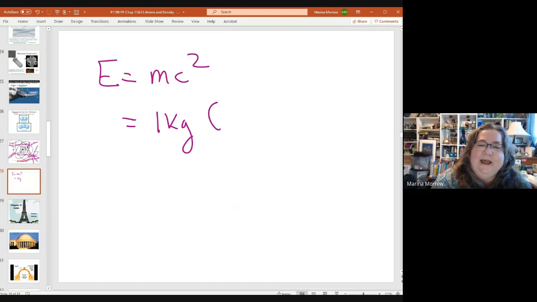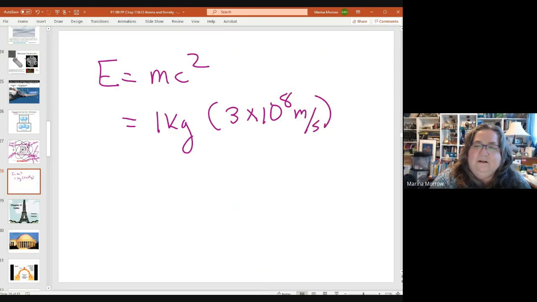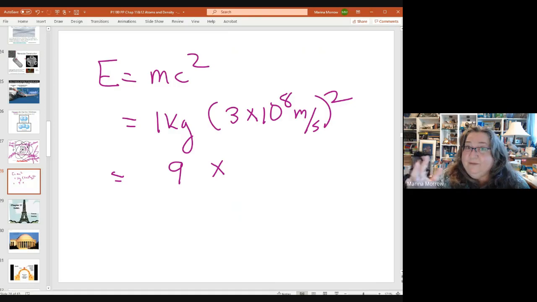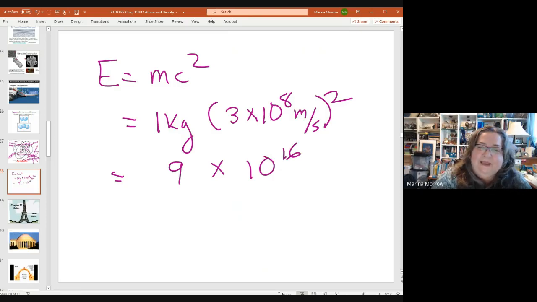Then we would multiply by the speed of light and square it. So what would that be? Well, 3 squared is 9. 10 to the 8th squared, the exponents are going to add. So that's going to be 10 to the 16th. And the units will come out to be joules of energy.